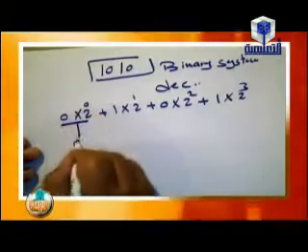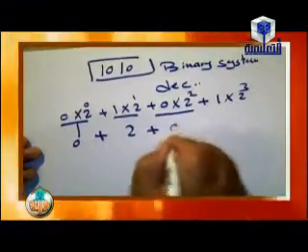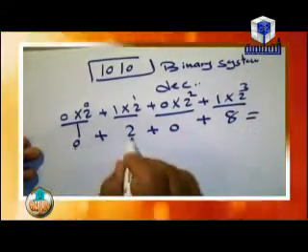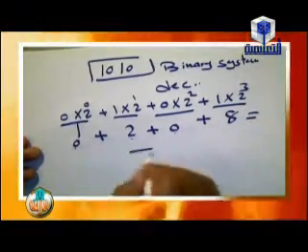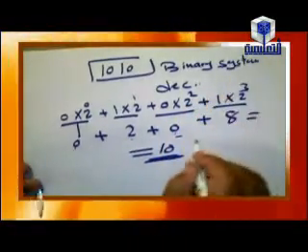This equals 0 plus 2 plus 0 plus 8, which is equal to 10. Now we have converted the binary system into decimal.